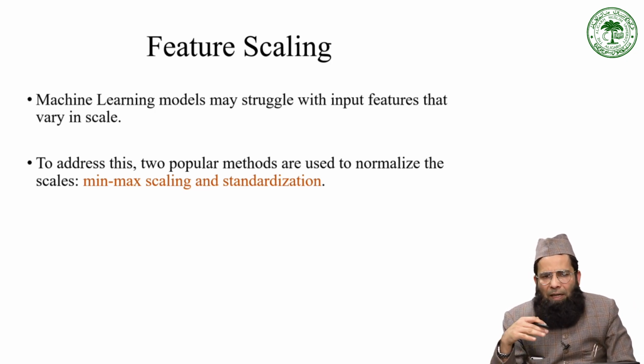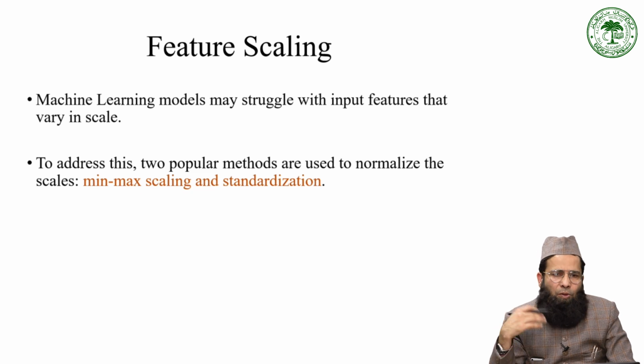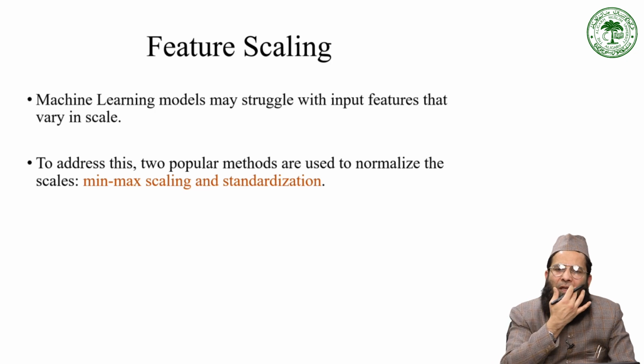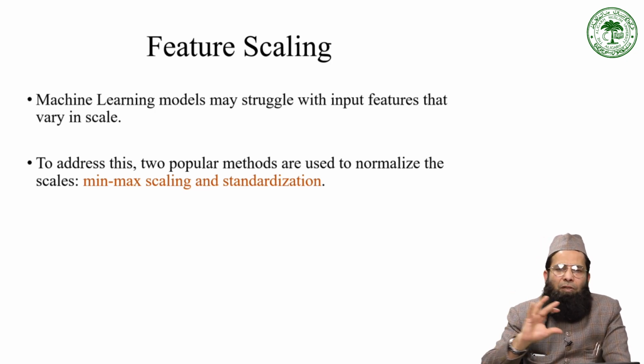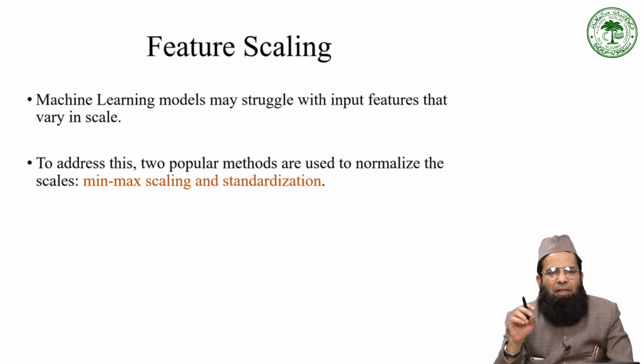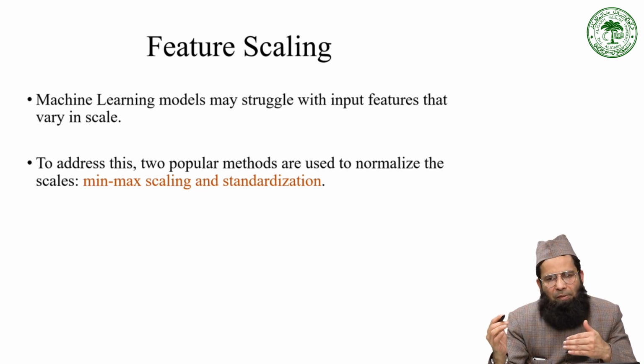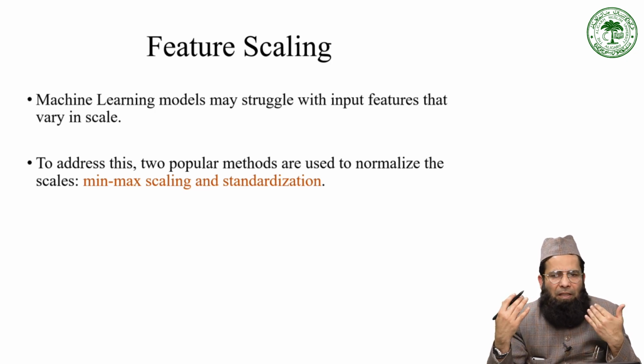To address this, two popular methods are used to normalize the scales, and we call them min max scaling and standardization. What is min max scaling? That is minimum and maximum scaling, often referred to as normalization. It is a straightforward approach where the data is adjusted to fit within a 0 to 1 range. In min max scaling, we fit the data between 0 and 1. This adjustment is done by subtracting the minimum value of the feature and then dividing by the range.